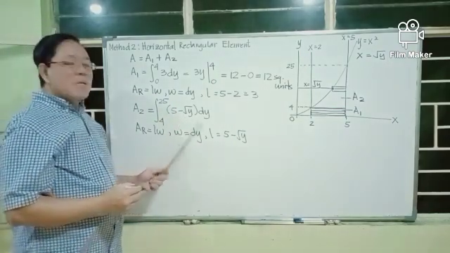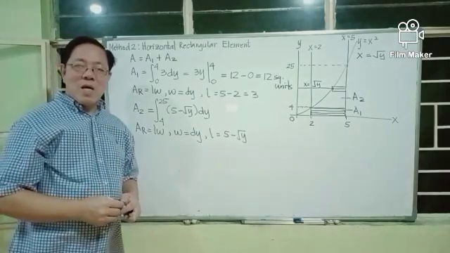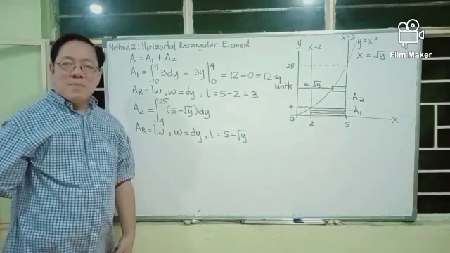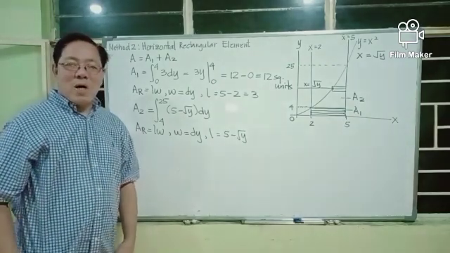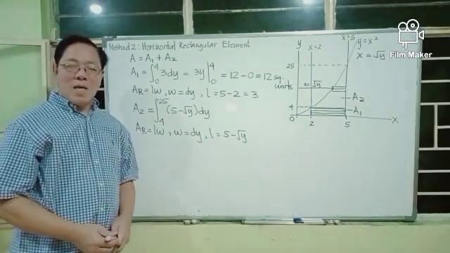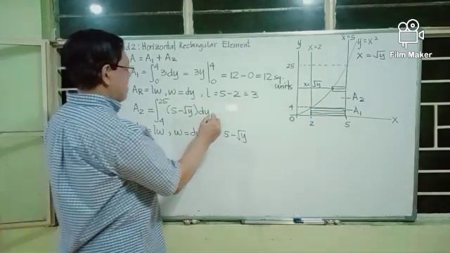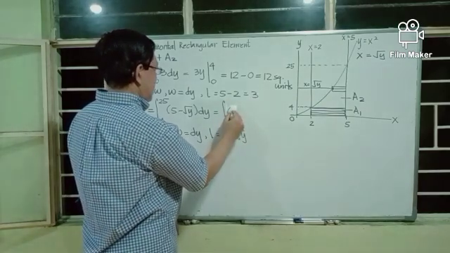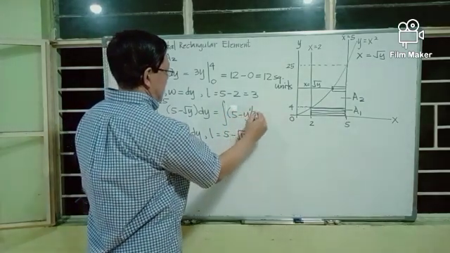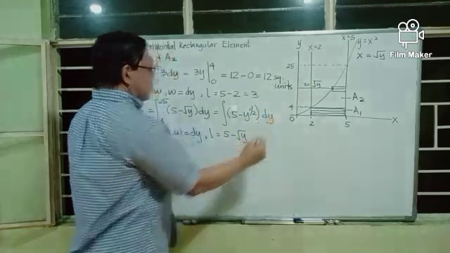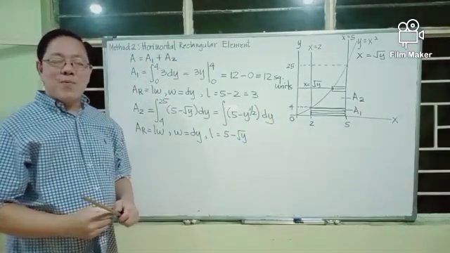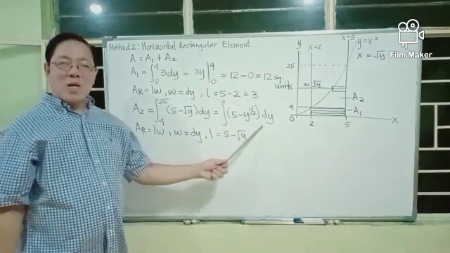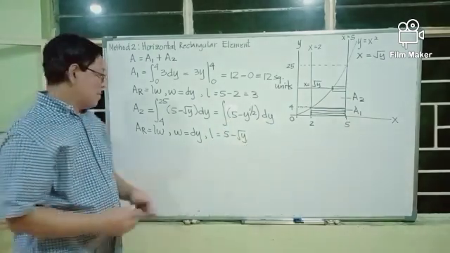And to integrate square root of y, we apply the power rule. If you remove the radical sign, square root of y is equal to y raised to 1/2. I will initially remove the limits of integration. The integral of 5 with respect to y is 5y.